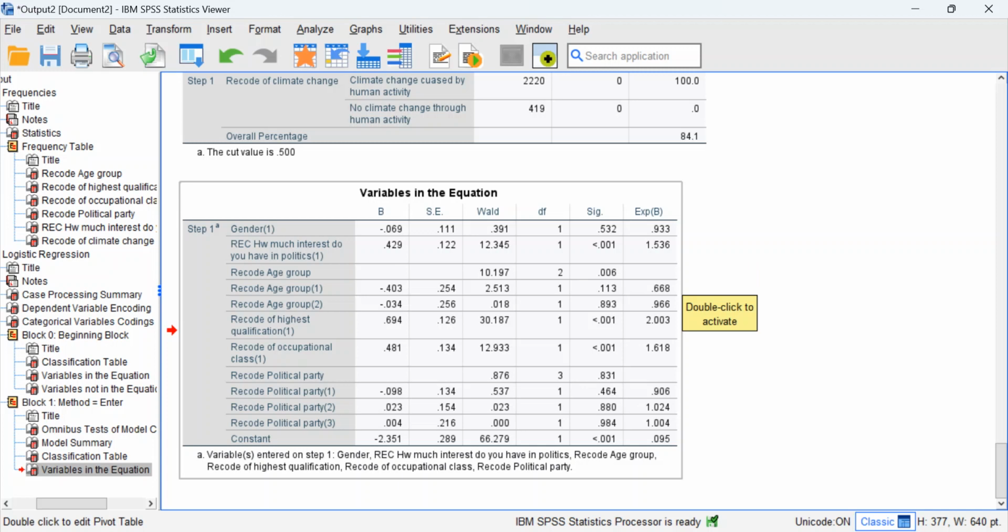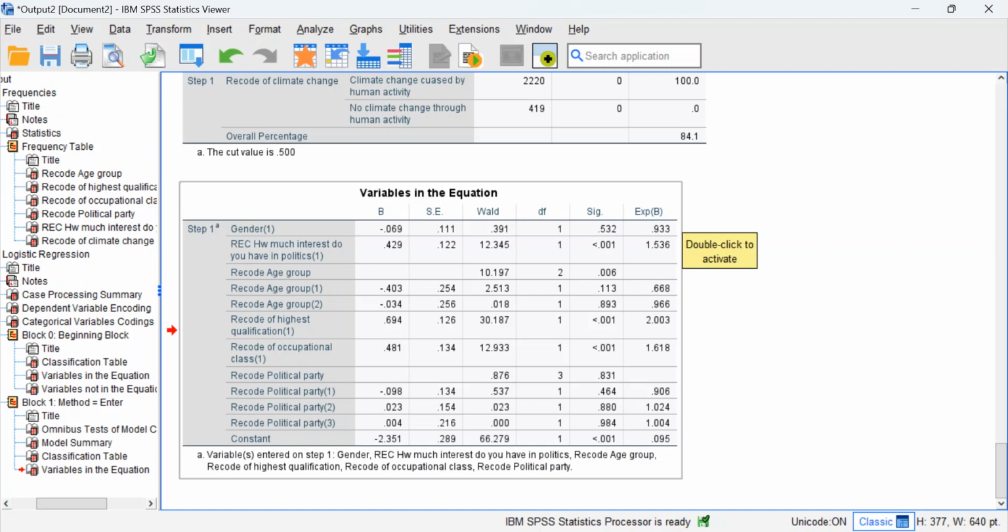These are the odds ratios that show whether for a particular category, individuals in that category are more likely to believe that climate change isn't happening compared to believing that climate change is happening.